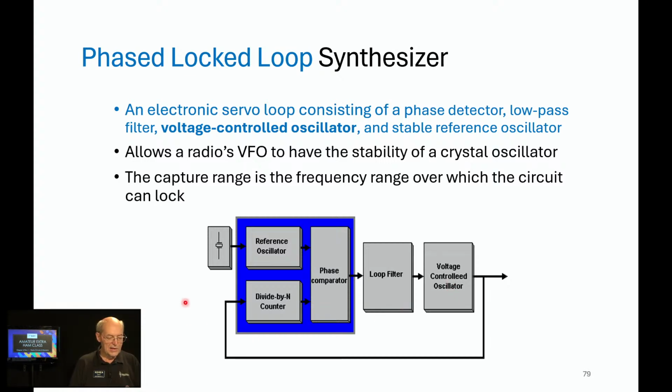The way we do that, we have a crystal, which is a reference oscillator, and a divide by N counter. We divide this crystal frequency down and then use a phase comparator to see if the voltage-controlled oscillator is above or below the frequency that we've set by our divider.